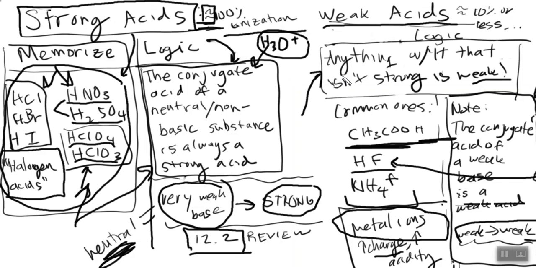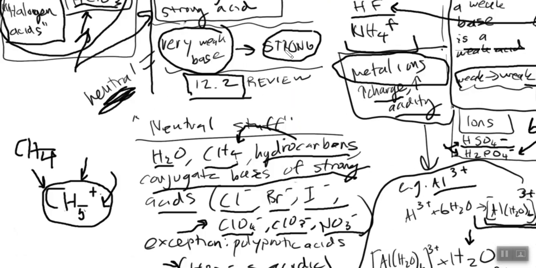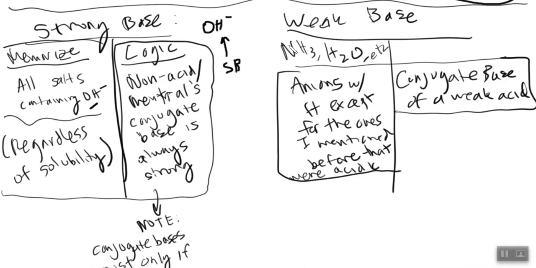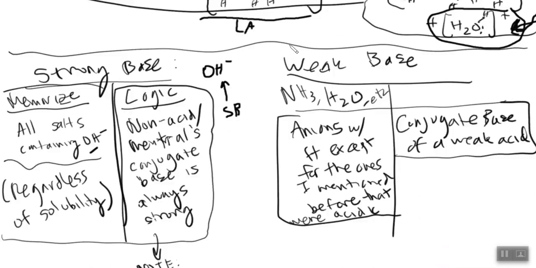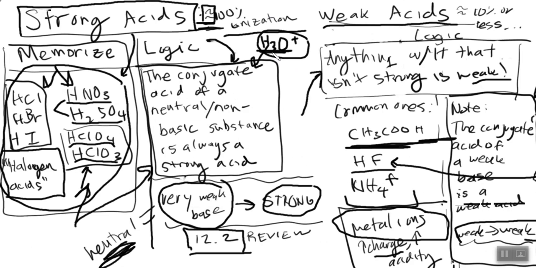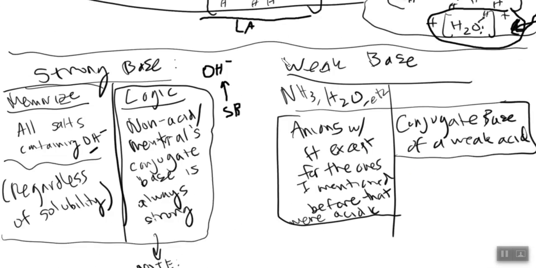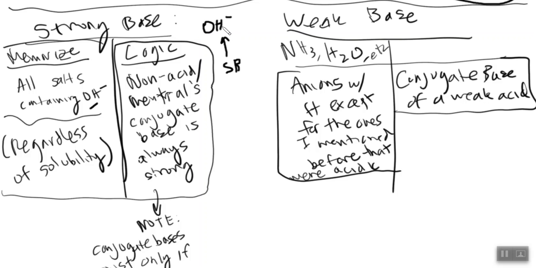But let's not worry about that for now, just keep in the back of your mind that H3O+ is actually acidic. I mean, it is the conjugate acid, after all, of water, right? So it is an acid. So remember that. And this is the conjugate base of water. That's interesting, right?